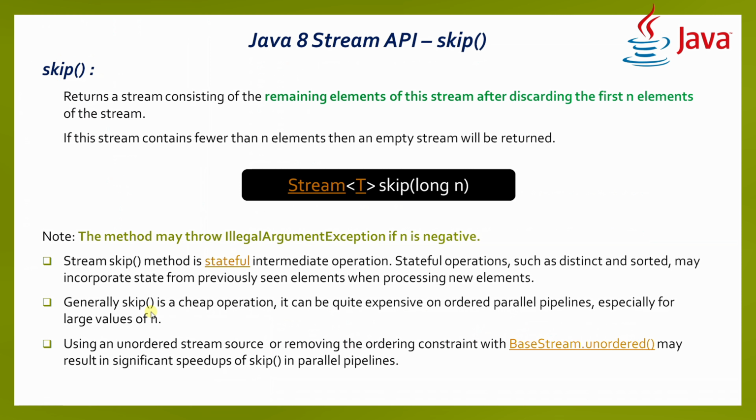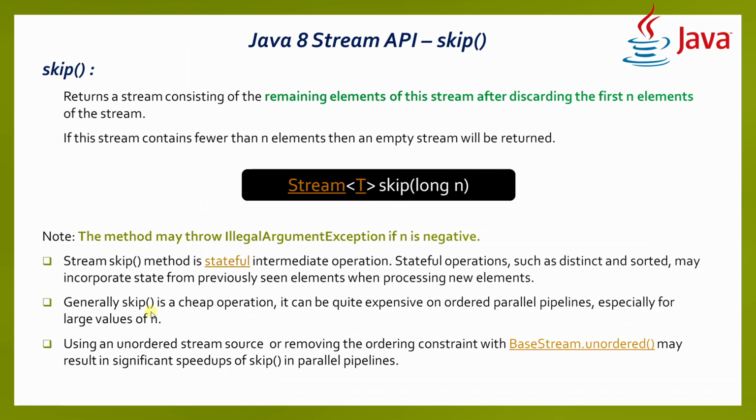Using an unordered stream source or removing the ordering constraint with BaseStream.unordered may result in significant speedups of skip in parallel pipelines. Whenever you use parallel streams, which I will explain in the future, you should use unordered().skip, and then your performance will increase drastically.